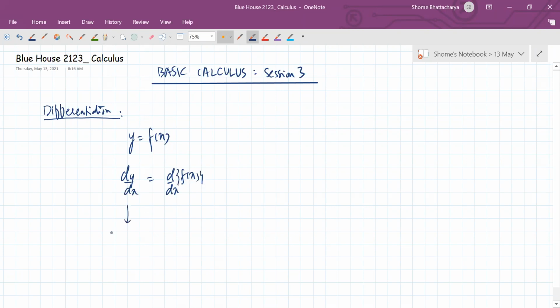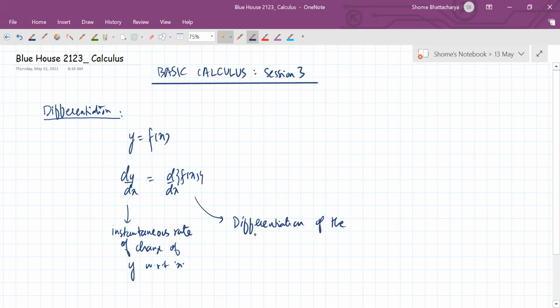So this is the instantaneous rate of change, and this comes by differentiation of the function f(x). Okay.